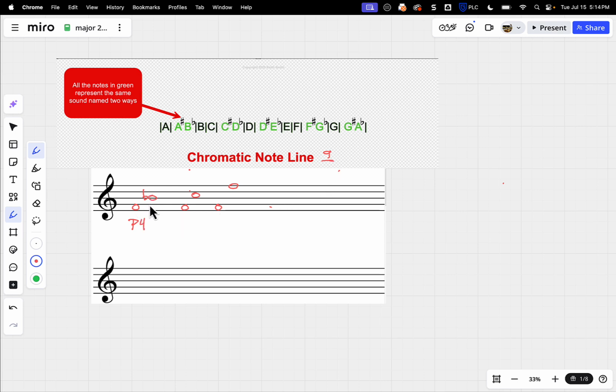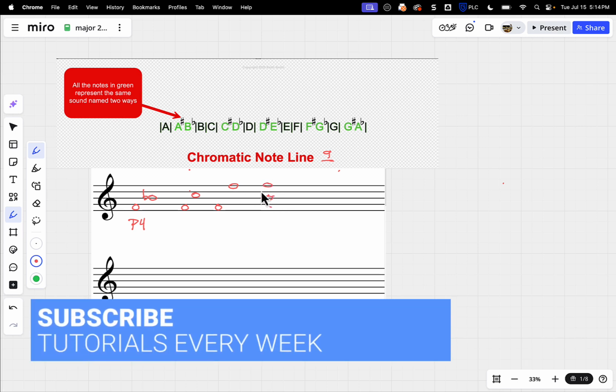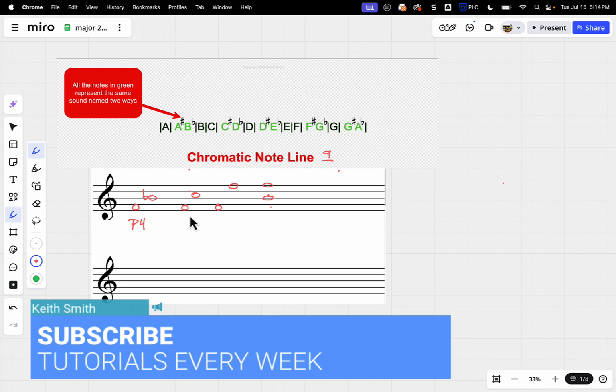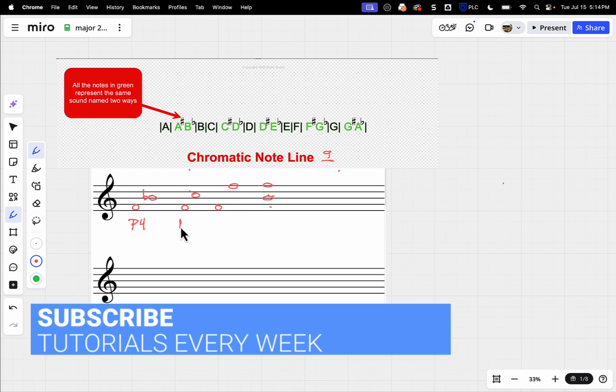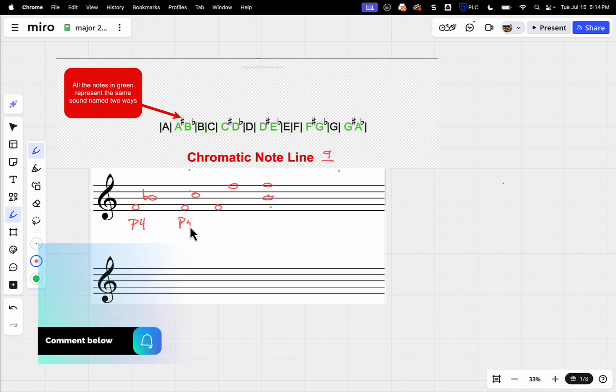If we invert a perfect fourth, we go from B flat up to F. And this is a perfect fifth. So this was 5 half steps, right? This is 7 half steps.